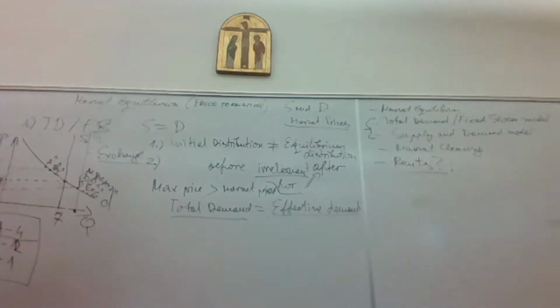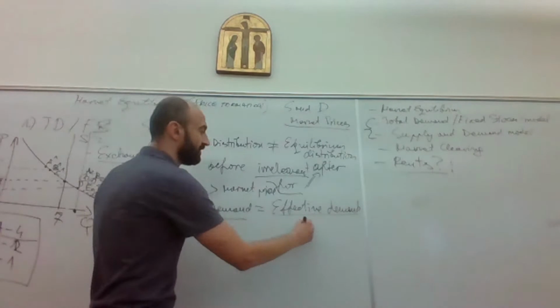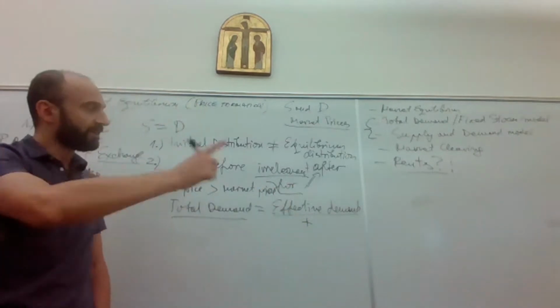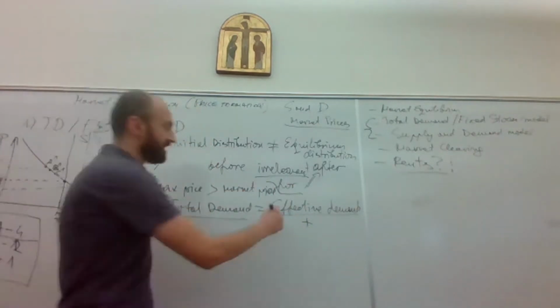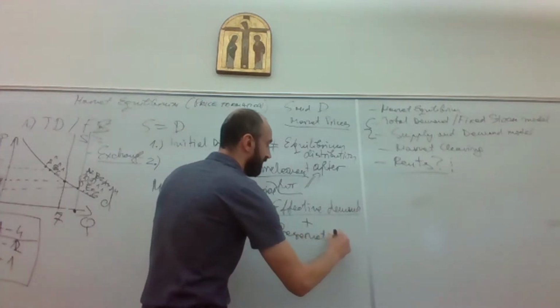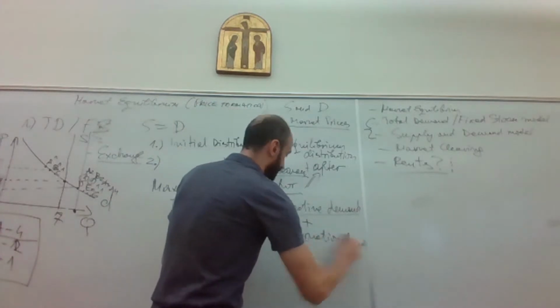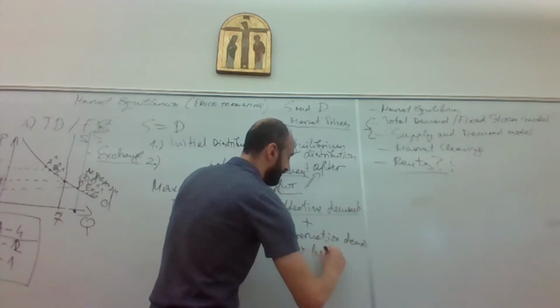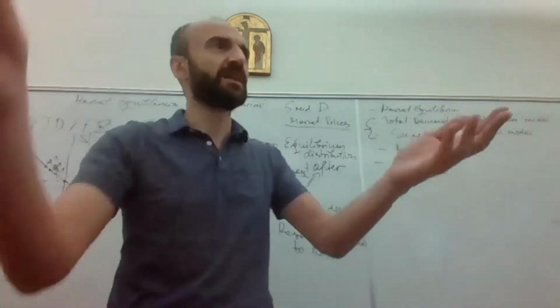The remaining 3 are called the reservation demand to hold. So total demand consists of effective demand plus reservation demand. Reservation demand to hold, or as they say in your book, to own. That's the same thing.